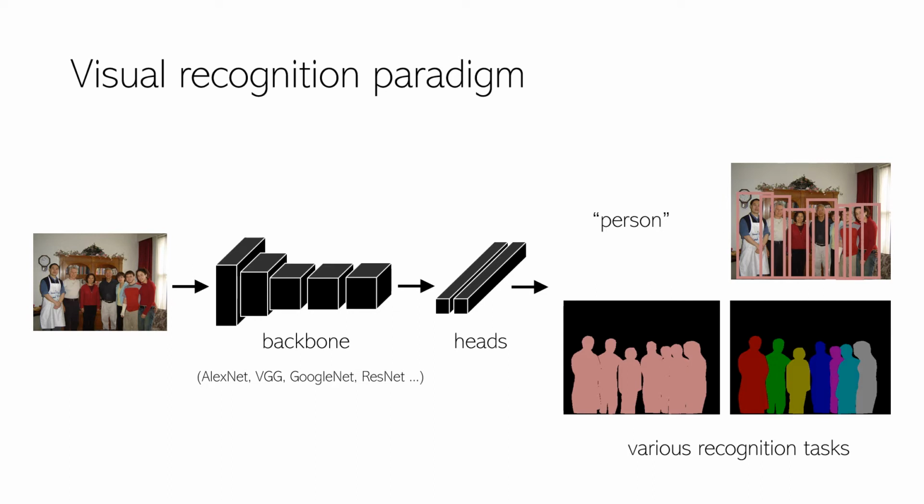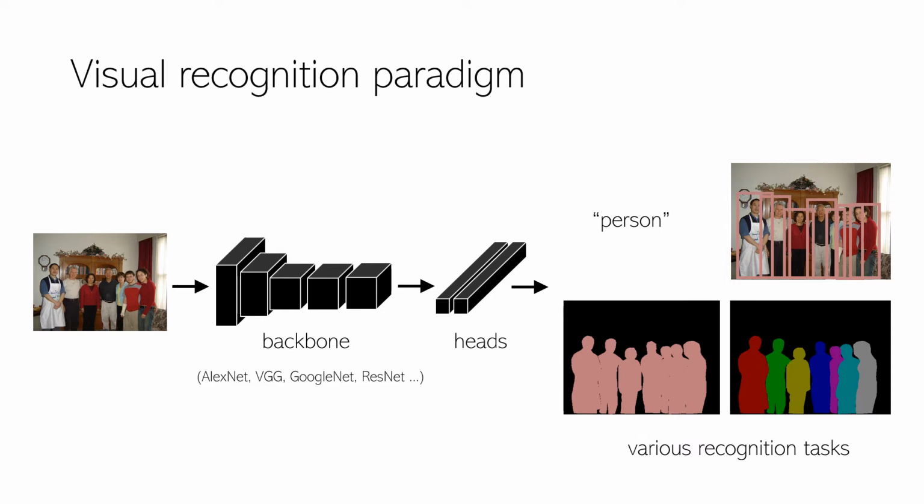Nowadays, visual recognition mostly follows this paradigm. Given an image, we first use a backbone network to extract the image features. It can be ImageNet, VGG, GoogleNet, or ResNet. Then, different head networks are used to process various recognition tasks.